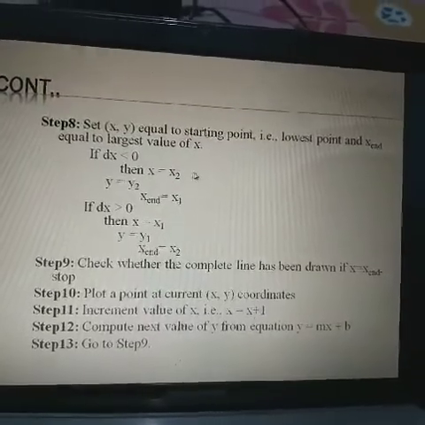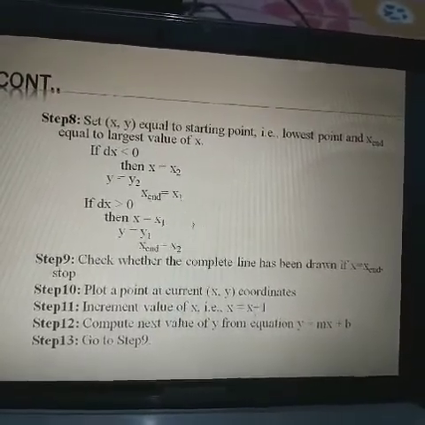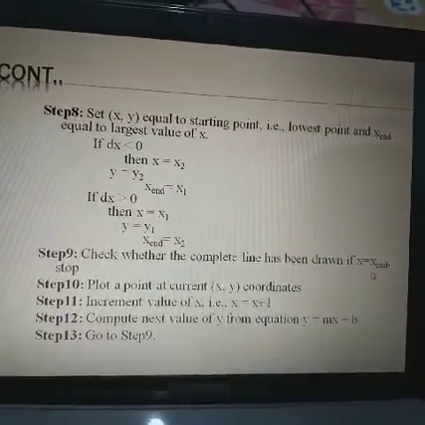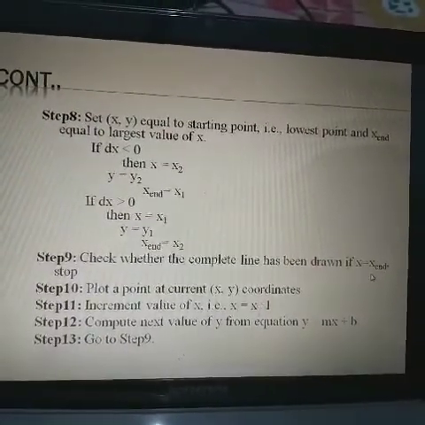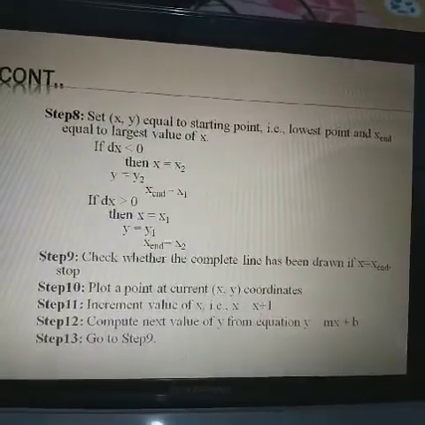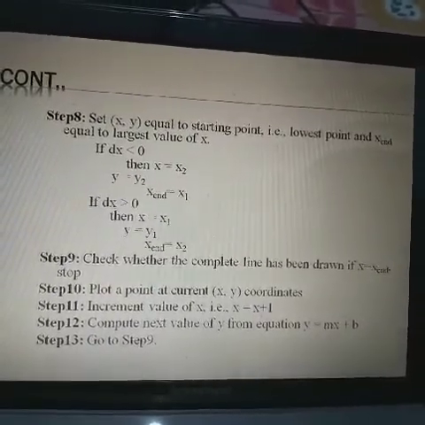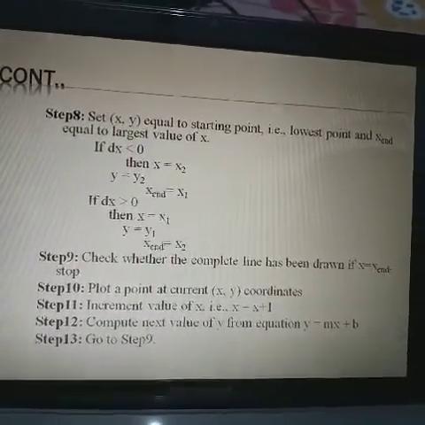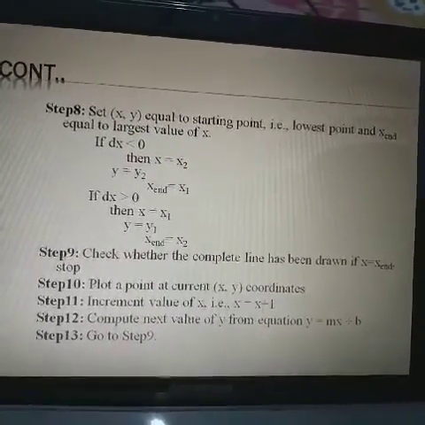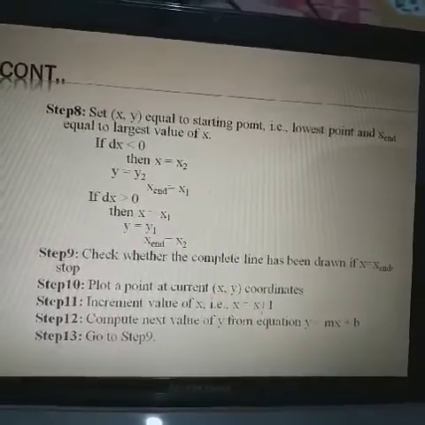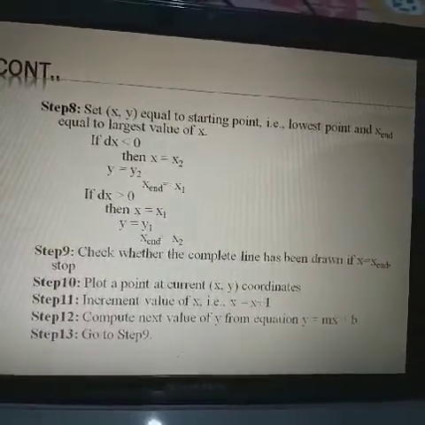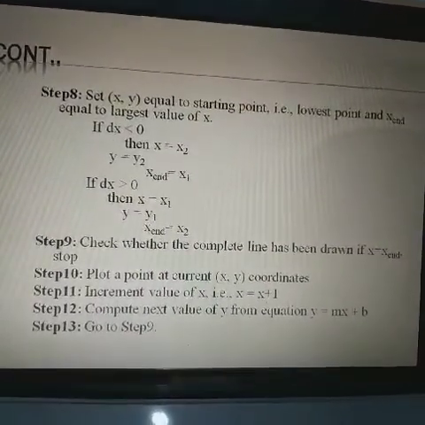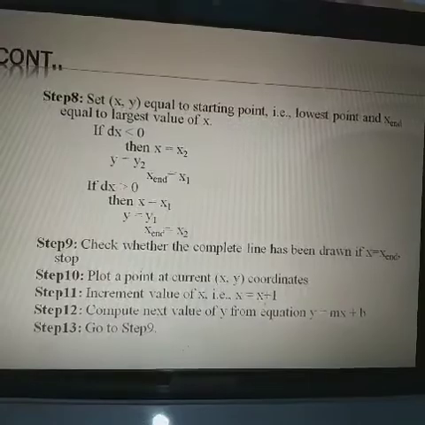Then we have to check the values for all the conditions, check whether the complete line has to be drawn. At the end, we have to calculate all the points by assuming the values of x, then plot the point at the current x and y coordinate, increment the value of x one by one and compute the next value of y from the equation y equals mx plus b, and these steps are to be continued till the end of the points is reached.